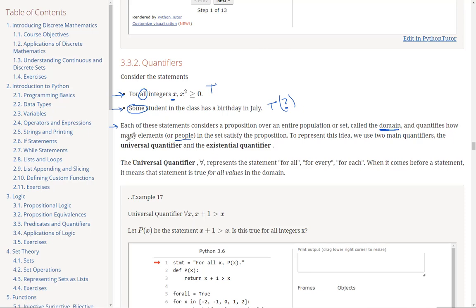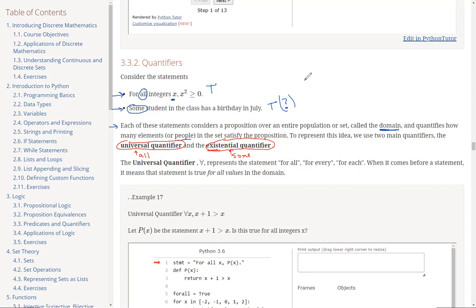In this class, the only two we're going to use, the universal quantifier and the existential quantifier. And it's exactly what it sounds like. The universal quantifier is going to say something is true for all possible elements of the domain. And the existential quantifier, well, the keyword there is exist. This is going to say something is true for some element of the domain.